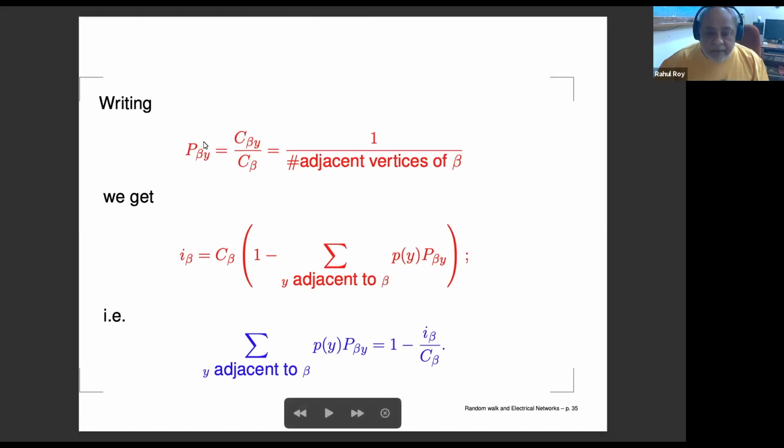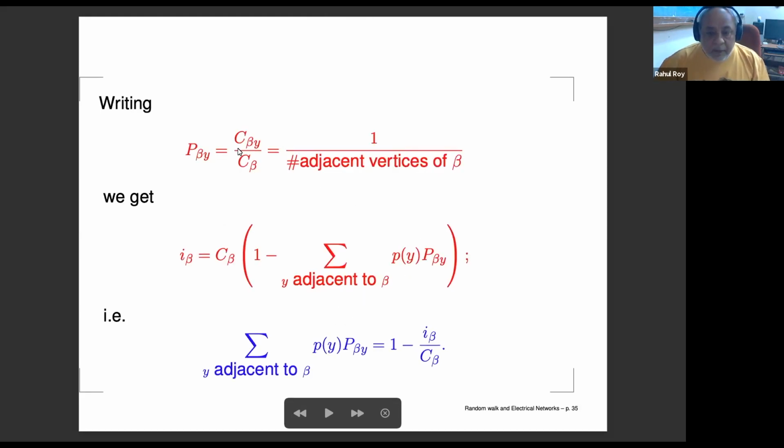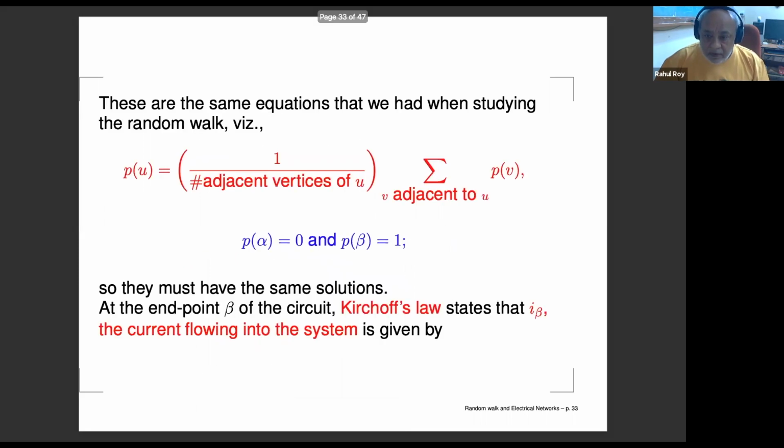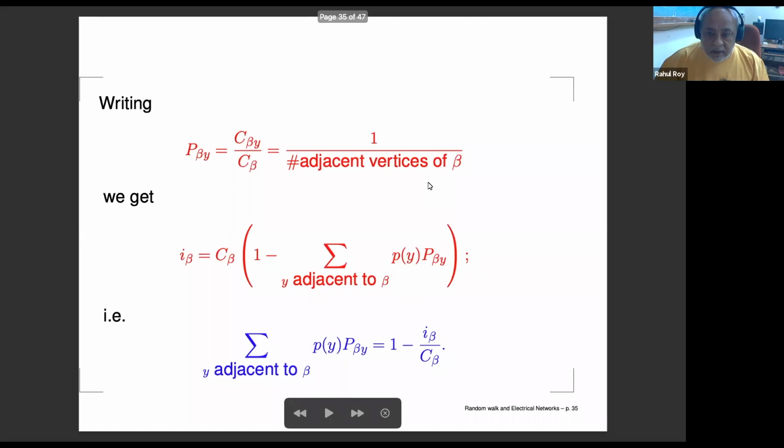If I write P beta y as C beta y by C beta, which is this quantity, we already saw that this ratio is nothing but 1 over the number of adjacent vertices of beta. This we saw here: Cxy over Cx is then 1 over the number of adjacent vertices of x. So I get P beta y is this quantity.